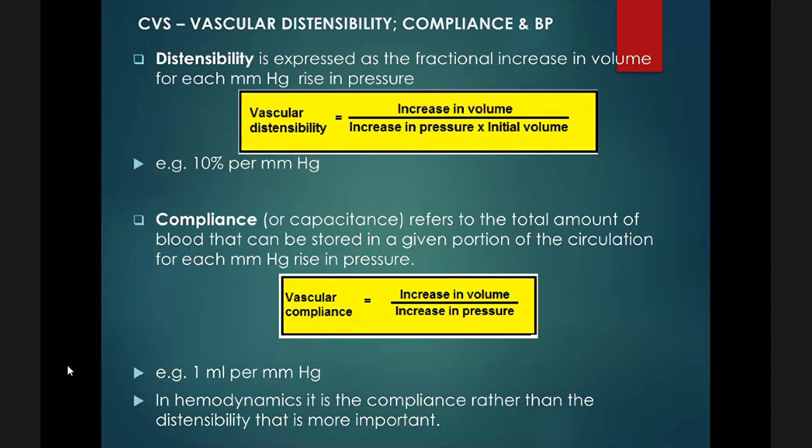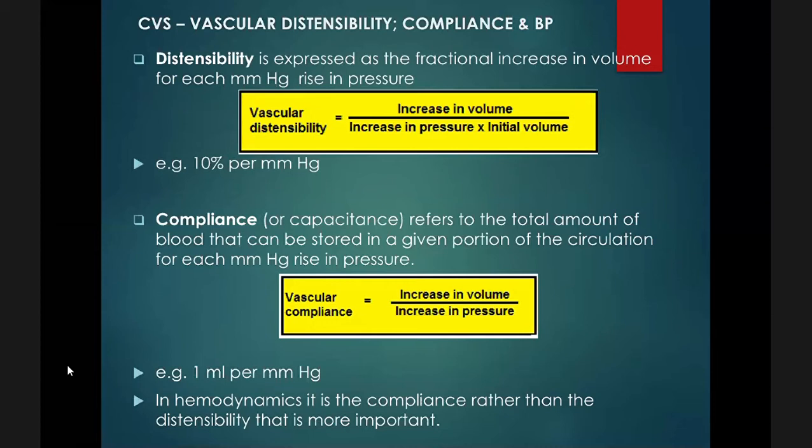Naintindihan niyo ba yun? So, for example, 10 ml siya before, and then increase yung pressure by 1 millimeter mercury, but the volume only increased 1 ml. Ibig sabihin, the compliance is 1 ml per 1 millimeter mercury, while the distensibility is only 10% per millimeter mercury rise in pressure.